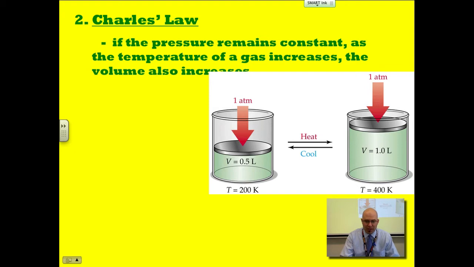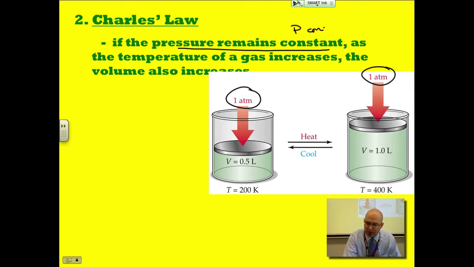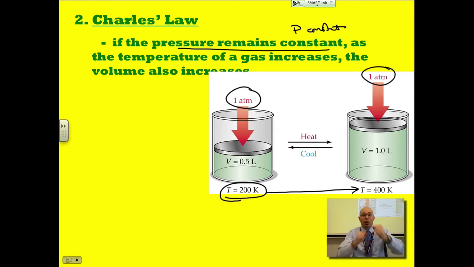Here's an example. Notice that our pressure is constant. Okay, so pressures are the same. If we look at our temperatures, as we heat it, so we increase our temperature, the molecules are moving around a little faster.